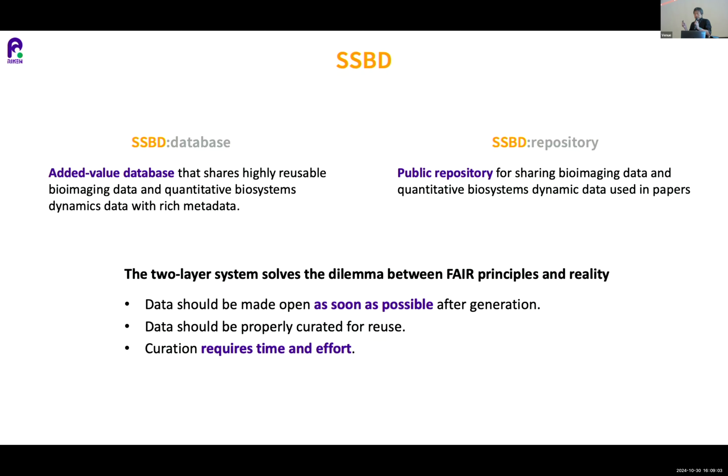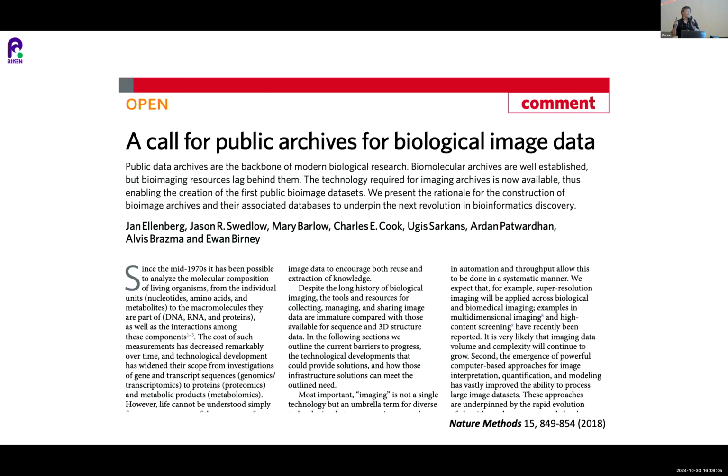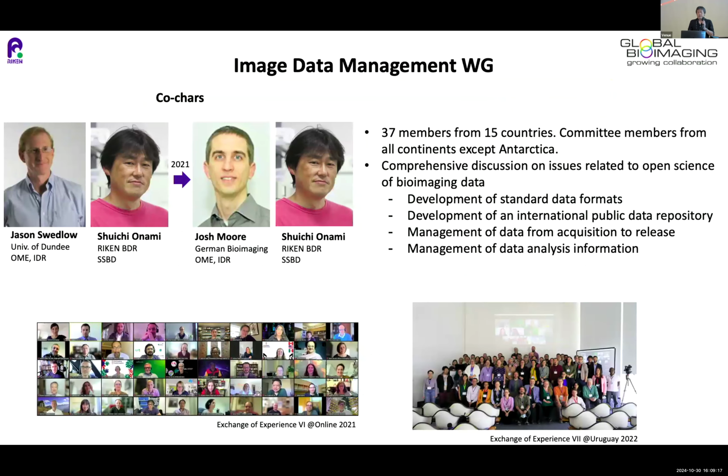This two-layer system was originally proposed in the bioimaging field by a group of people who discussed it at, I believe, a workshop in 2017 at EBI. Based on this paper, the image data working group in Global BioImaging discussed the system of how to share the data at the global level.